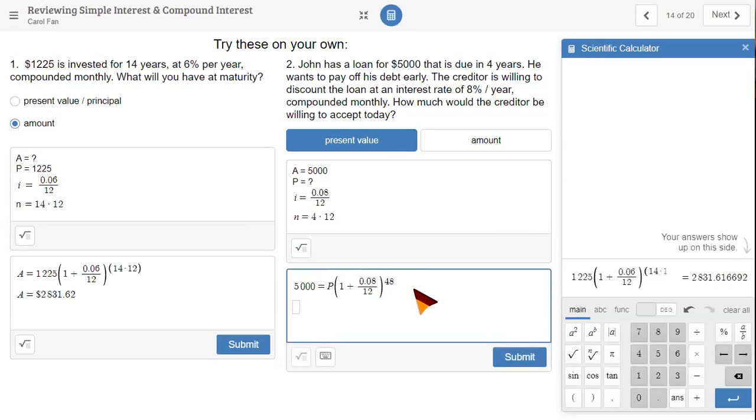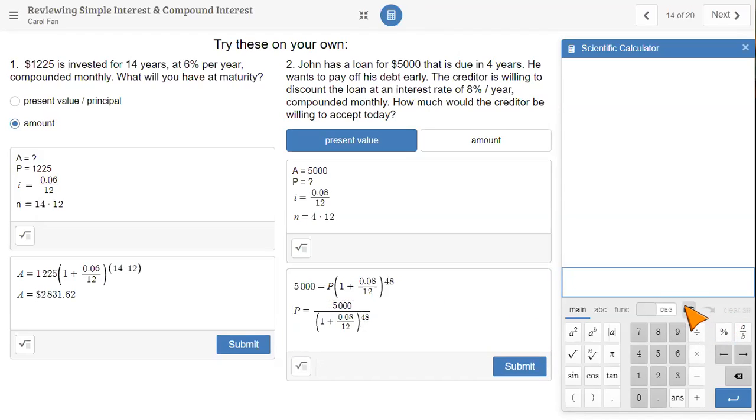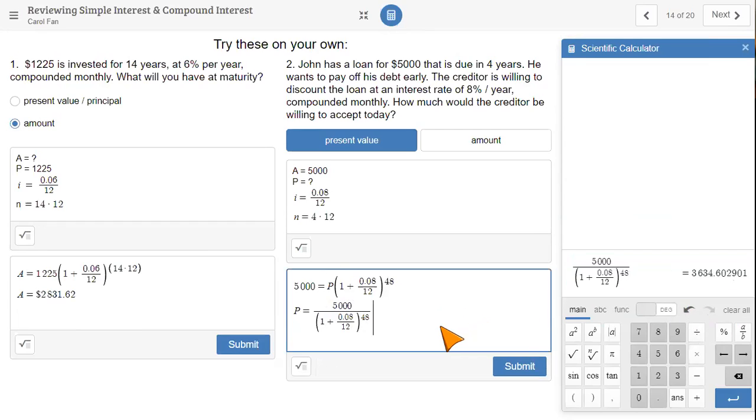So let's rearrange our equation and isolate for P. So 5,000 divided by 1 plus 0.08 divided by 12 to the power of 48. And now the calculator is going to do all the work for us. 5,000 divided by 1 plus 0.08 divided by 12 to 48.